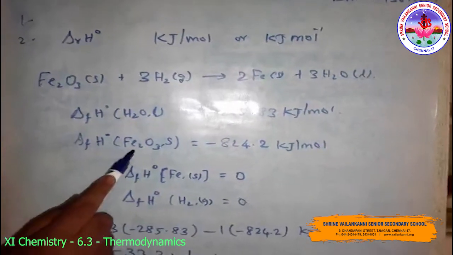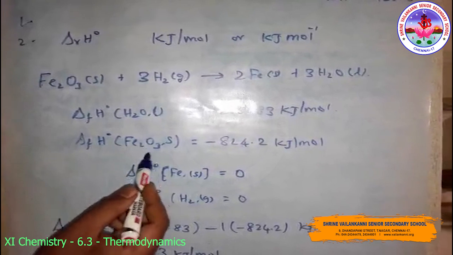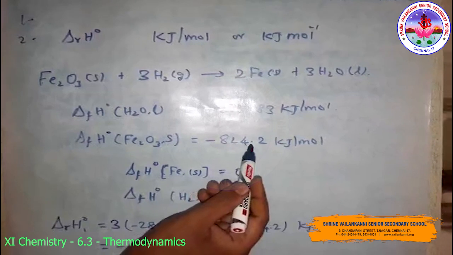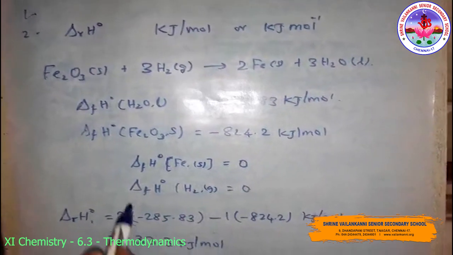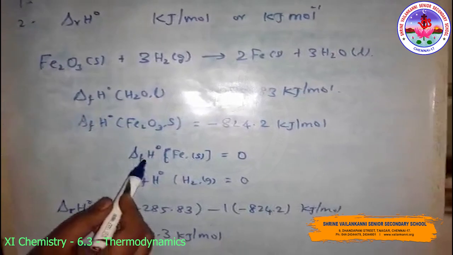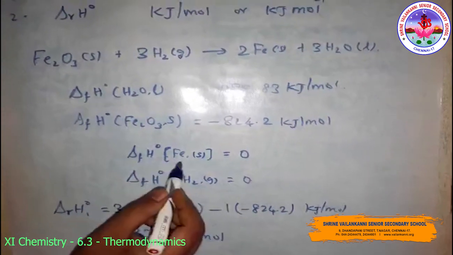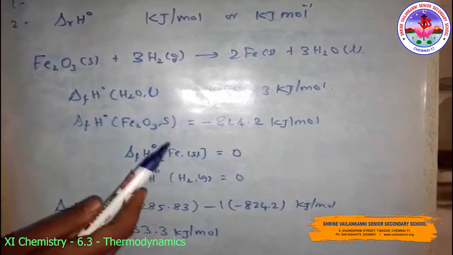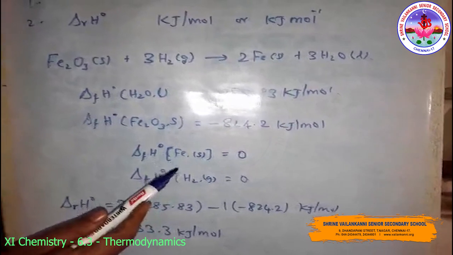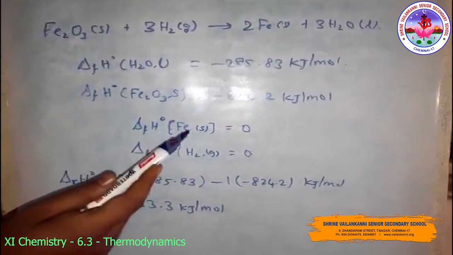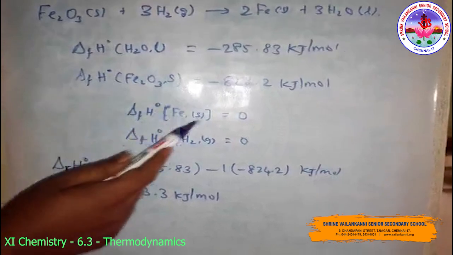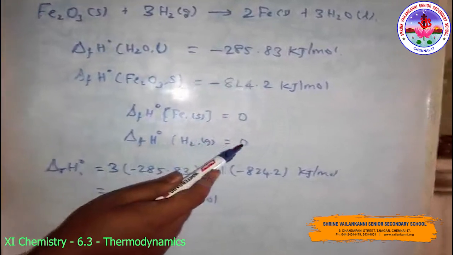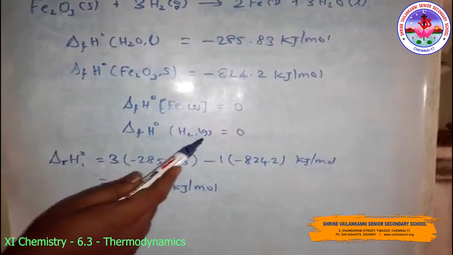Similarly, for ferric oxide, the standard enthalpy of formation is minus 824.2 kilojoule per mole. Here the standard enthalpy of formation of Fe, iron, is 0. Why? By convention, the standard enthalpy of formation of an element in its reference state, its most stable state of aggregation, is taken as 0. The same holds for hydrogen gas: its standard enthalpy of formation is 0.